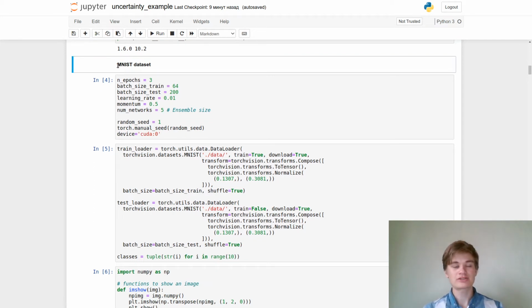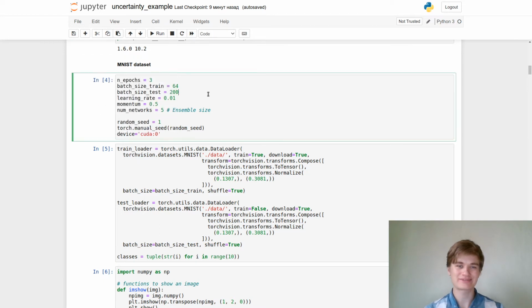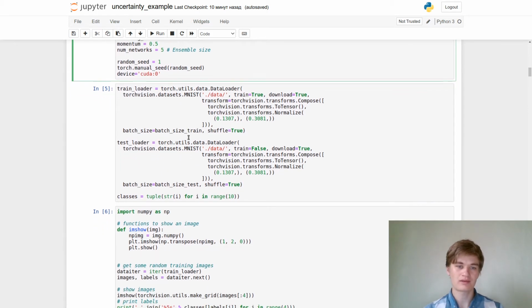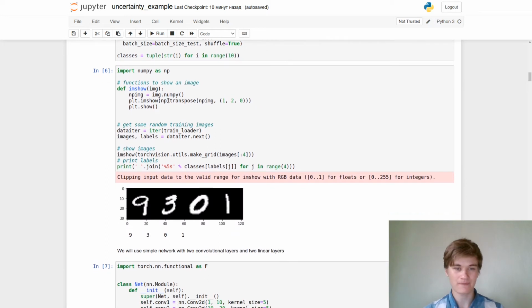For classification, I'll use the MNIST dataset, as I think it is one of the simplest datasets you can choose. Here we set some settings for our experiments and load data with the Torch data loaders.